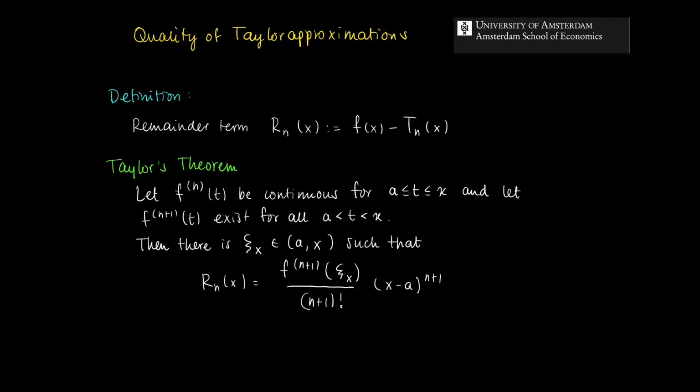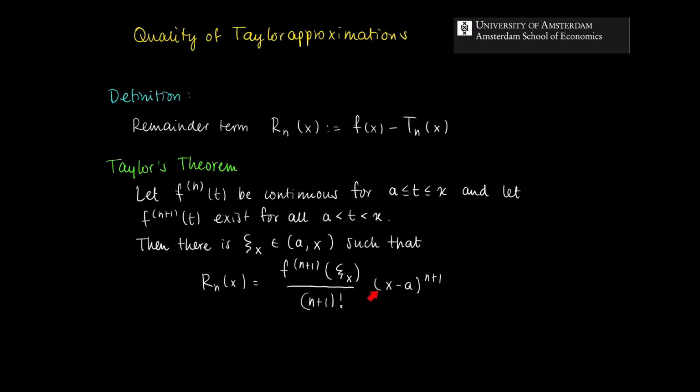Here you see these components. You already see that the further away I am from a, the higher this term will get, and this results basically in the further I am away from a, the higher the remainder of the nth order Taylor approximation for f.